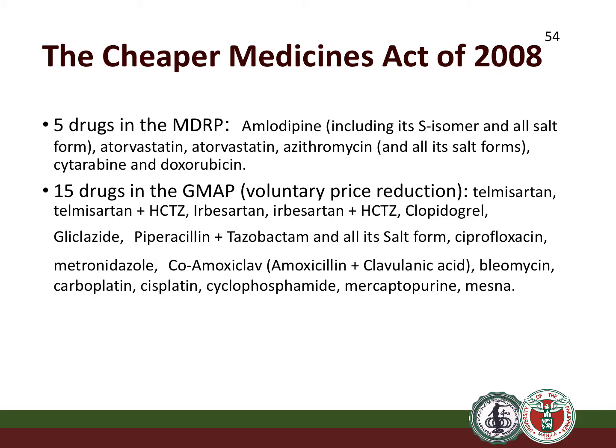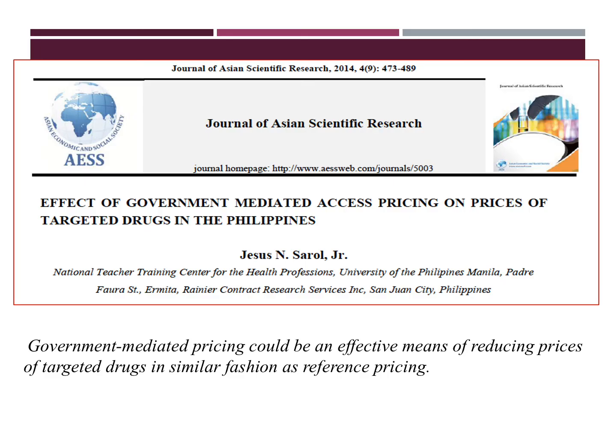Now, aside from just putting a cap on the price of medicines, the government, especially in the formulary, has a so-called reference pricing. And this is seen as a very effective way to reduce the prices of certain targeted drugs. How does this work? The government puts out a list of the reference prices of all the medications in government institutions under a particular reference price.